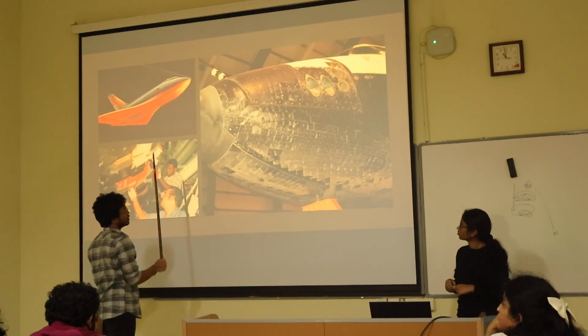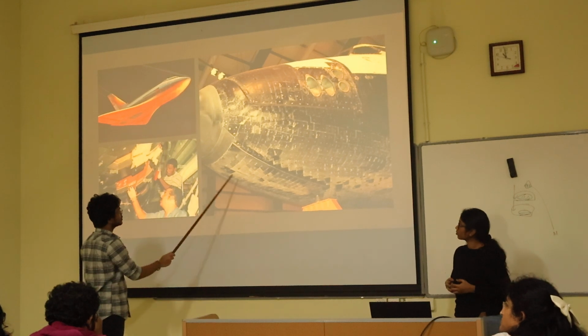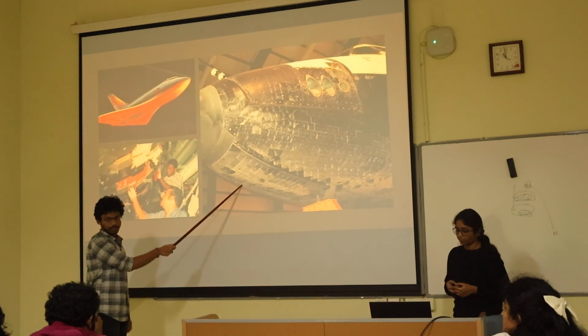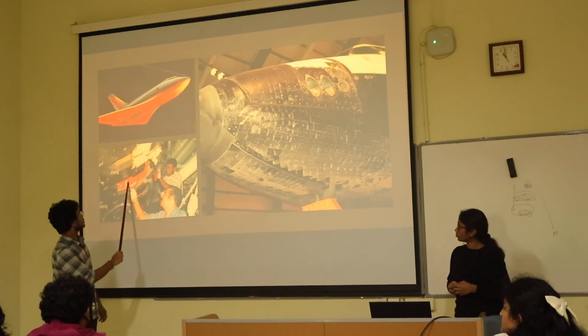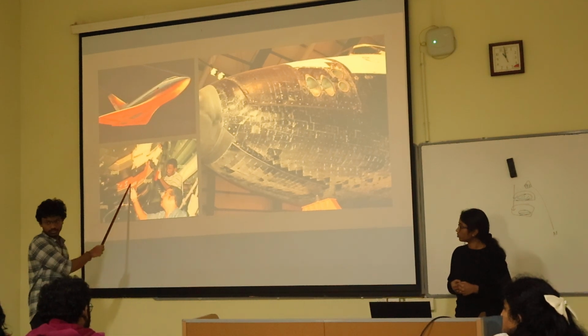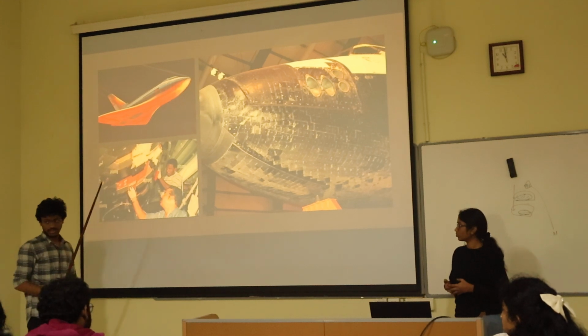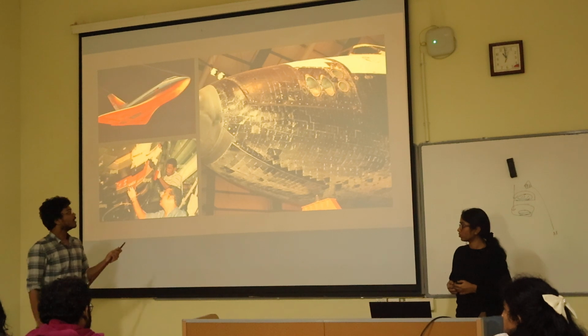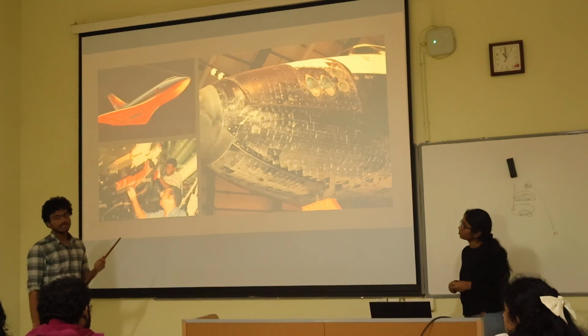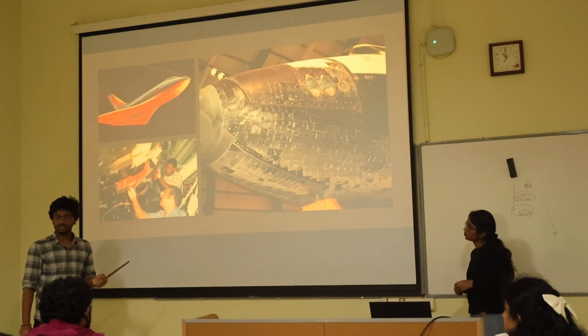To protect this, we use ceramic tiles, which are placed on the shuttle using epoxy adhesive. We use ceramic tiles because they are very heat resistant and also very light.